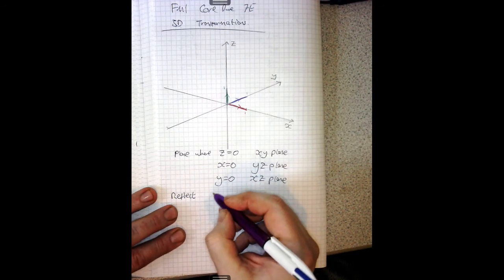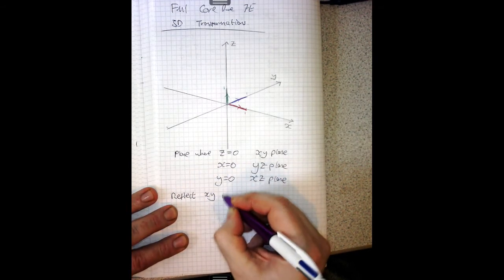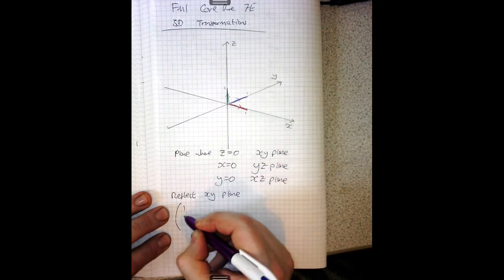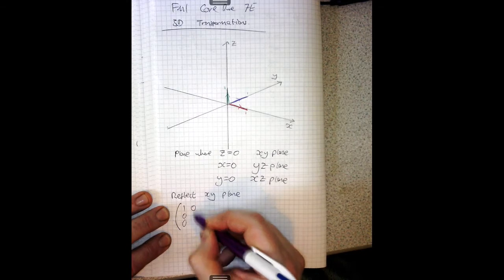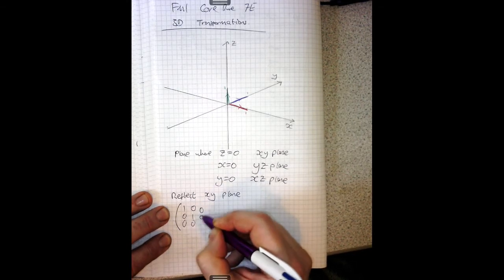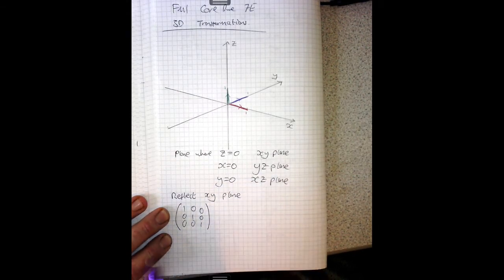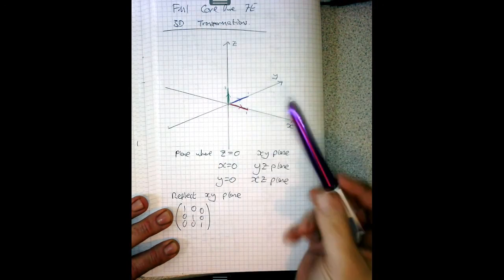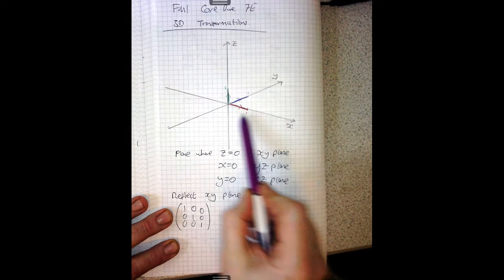Well, I'm reflecting in the XY plane, so the flat piece of paper, the XY plane, clearly red and blue. If you're colourblind, red's the red one, blue's the blue one. Clearly they're not going anywhere. So 1, 0, 0 stays as 1, 0, 0. 0, 1, 0 stays as 0, 1, 0.